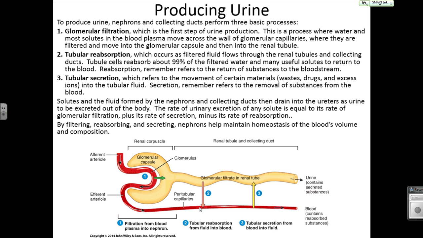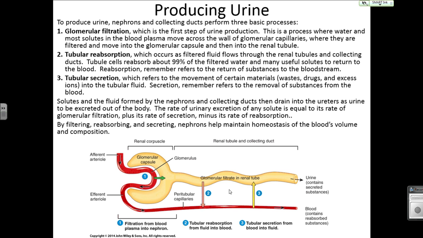Remember, when we take a drink of water, that water is in our stomach and then in our intestines, technically not a part of our body until it's brought through the wall of those structures and enters our bloodstream. That first time that stuff enters our bloodstream is called absorption. The return of it back to the blood is why we call it reabsorption. You throw the prefix re at the beginning of a word, it means doing it again, right?